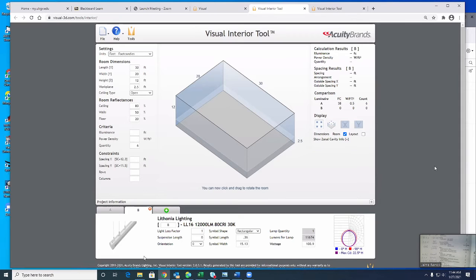So this is 12,000 lumens, A was 6,000 lumens, okay? So the lumens is important, you see, because we are not getting the result here, but the lumens are higher intensity lamps.